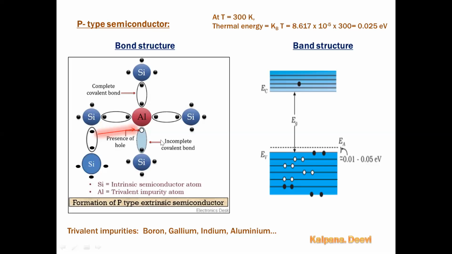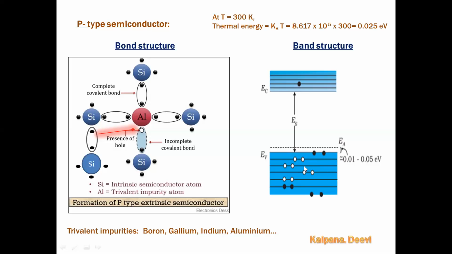All these acceptors occupy a separate energy level in the band structure. That energy level is known as the acceptor energy level, which lies just above the valence band. The gap between the upper level of the valence band and this acceptor energy level is from 0.01 electron volts to 0.05 electron volts.